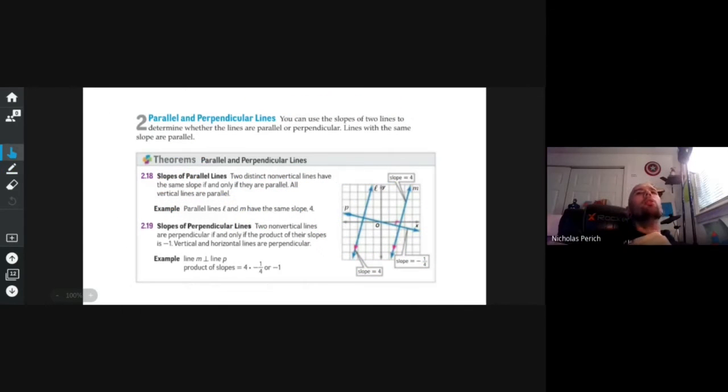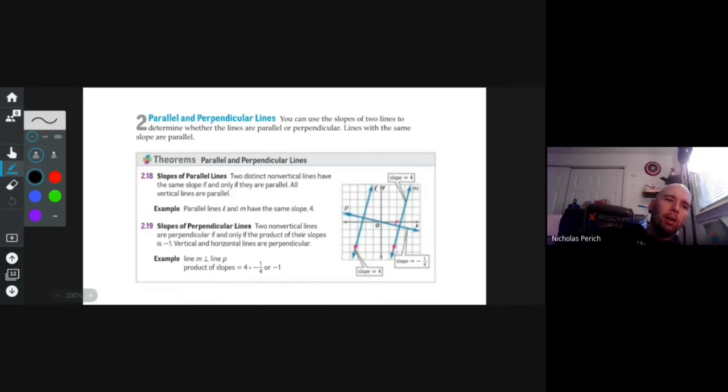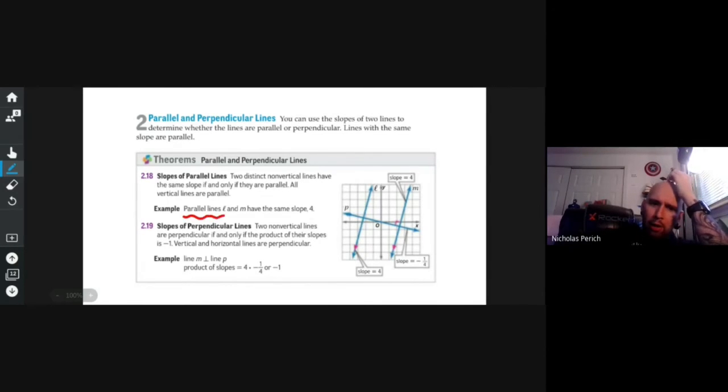Part 2, parallel and perpendicular lines. You know what parallel lines mean, and you probably already knew this from Algebra 1. From Algebra 1, you learned that parallel lines have the same slope. They're going to have different y-intercepts, but the same slope. They will never intersect. That's the fun thing about parallel lines.